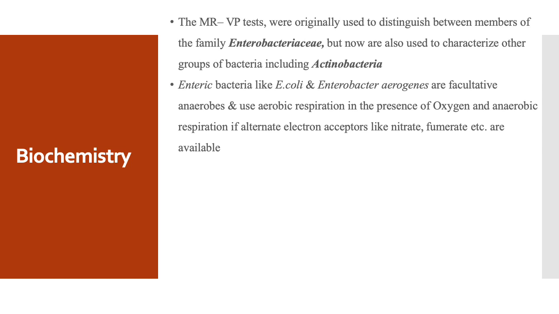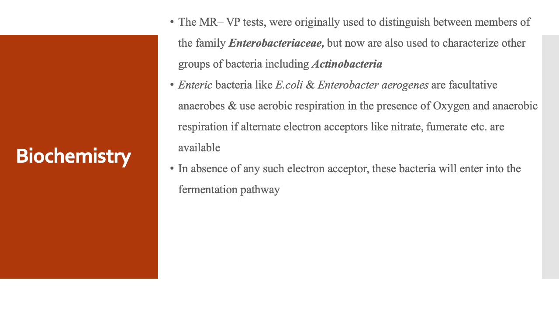Enteric bacteria like E. coli and Enterobacter aerogenes are facultative anaerobes and use aerobic respiration in the presence of oxygen, and anaerobic respiration if alternate electron acceptors like nitrate, fumarate, sulfate, etc. are available. In absence of any such electron acceptor, these bacteria will enter into the fermentative pathway.